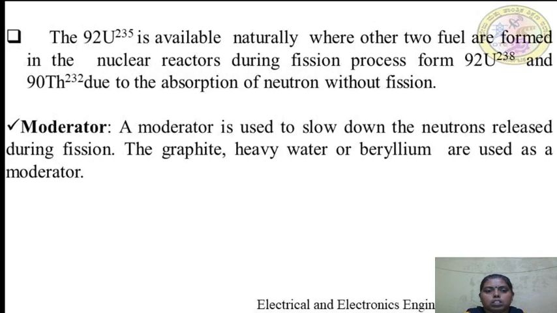The fuel uranium-235 is naturally available, whereas the other two fuels are formed in the nuclear reactor during the fission process from uranium-238 and thorium-232 due to the absorption of the neutron without fission.